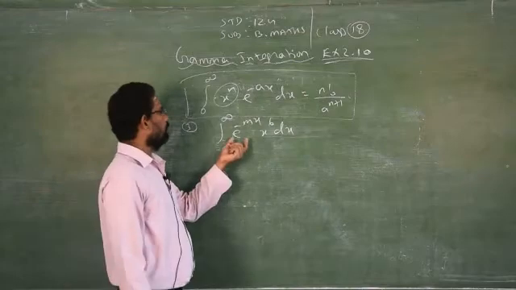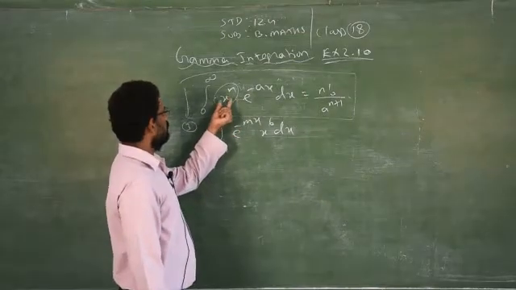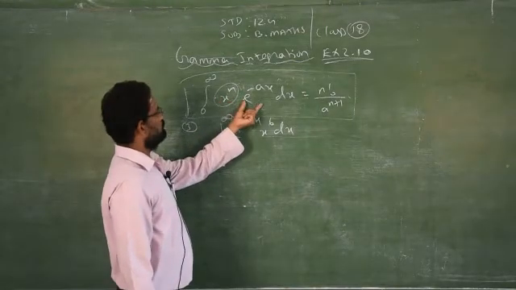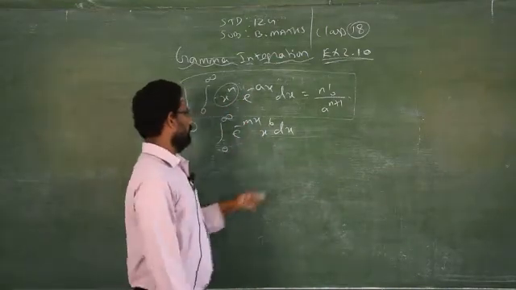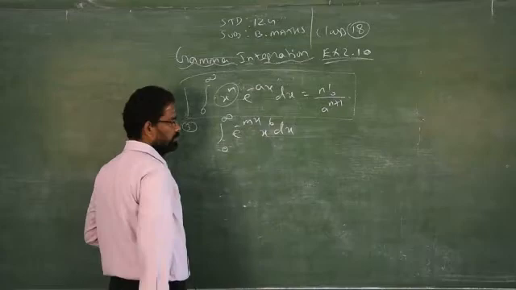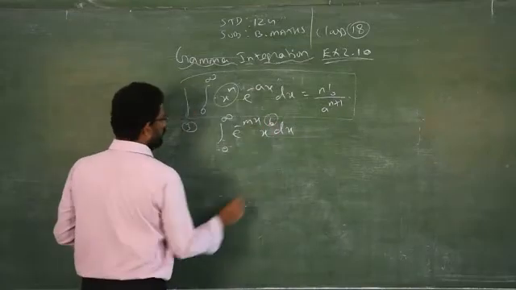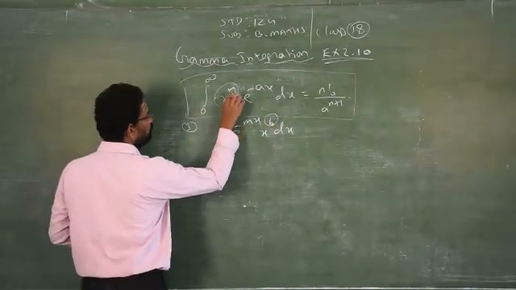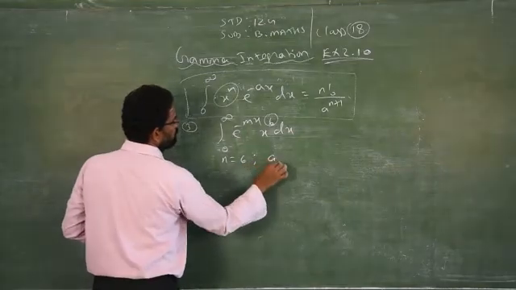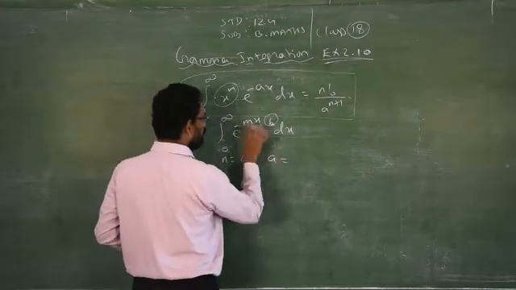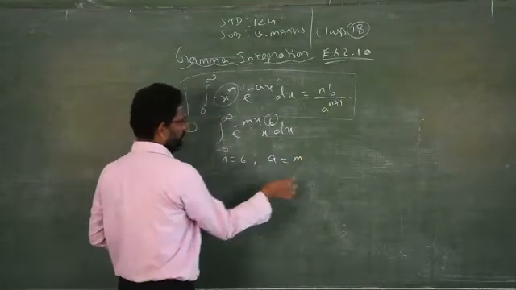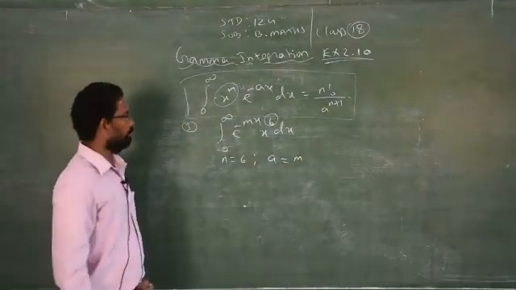You don't think this, sir, here first you have the x factor, next the exponential factor, nothing wrong. So what is your n? n is equal to 6. What is your a? Even if it is given minus, you should not take the negative value, you have to take only the positive one. a is equal to m.